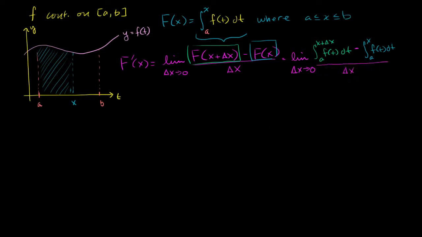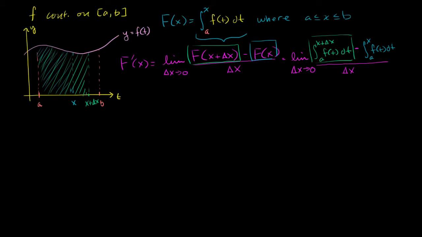Now, what does this represent? Remember, we don't know anything about definite integrals as somehow dealing with an antiderivative and all that. We just know this is another way of saying the area under the curve f between a and x plus delta x. So it's this entire area right over here.